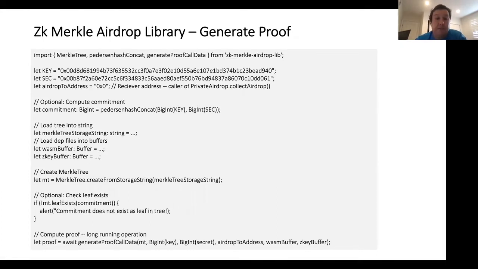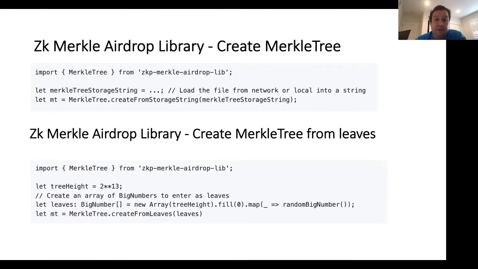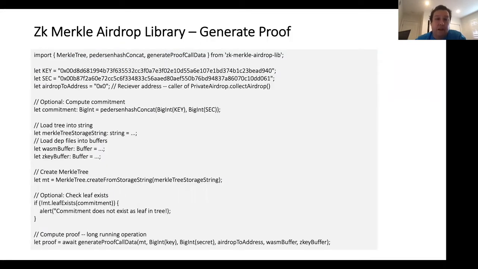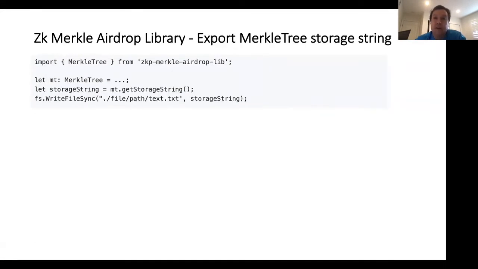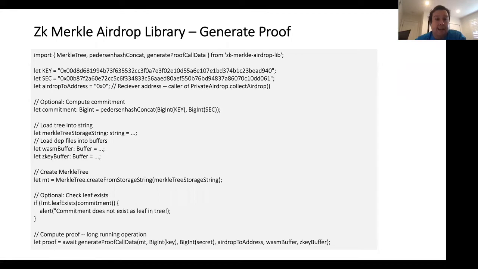This library gives you these four functionalities: creating the Merkle trees, creating the string to store the Merkle tree on the contract, and then generating the proof. That's what this library does.